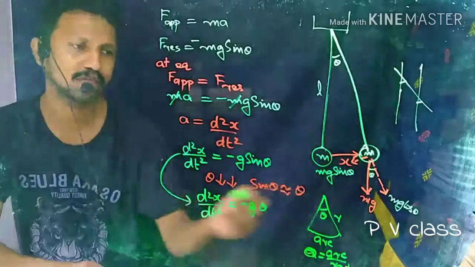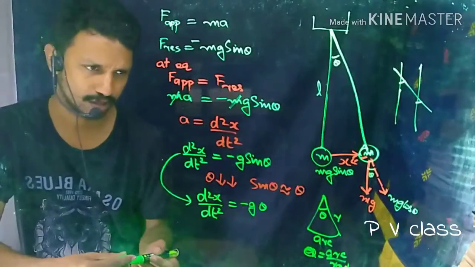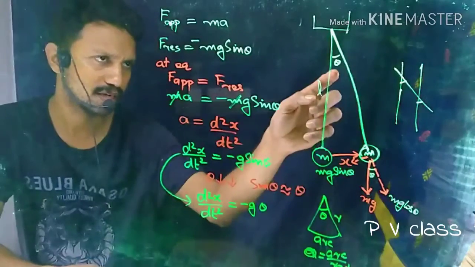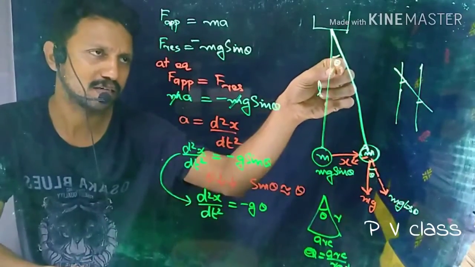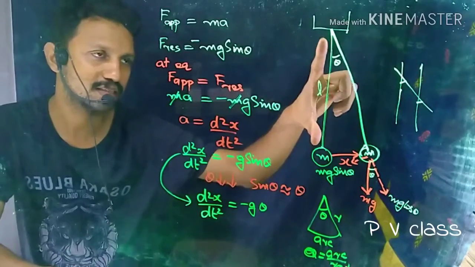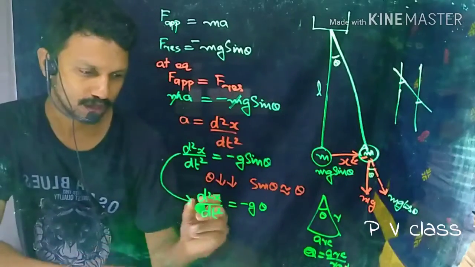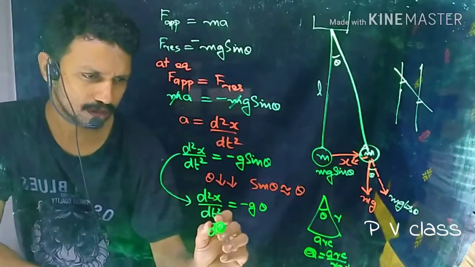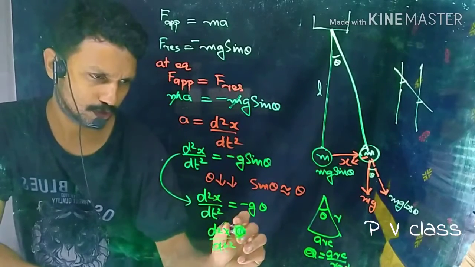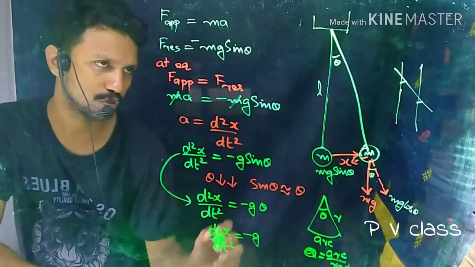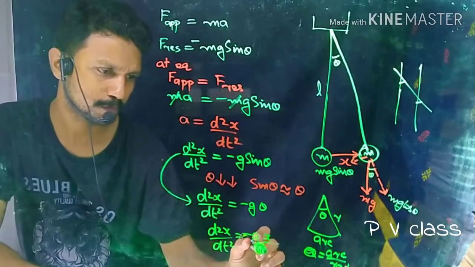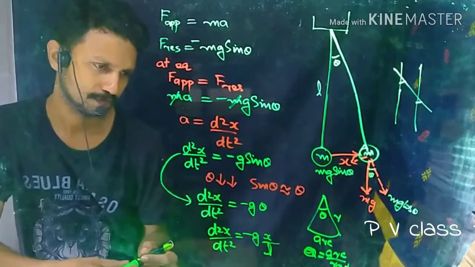For this angle, the arc length is x and the radius is L. Therefore, I could write d square x by dt square is equal to minus g into angle, which is arc by radius, that is x by L.